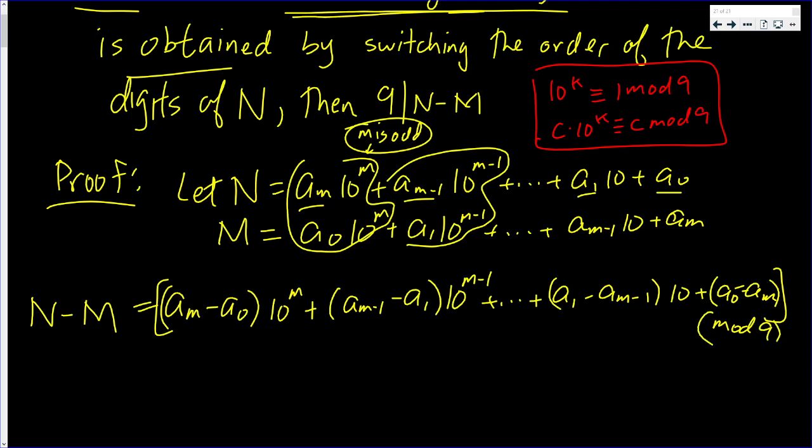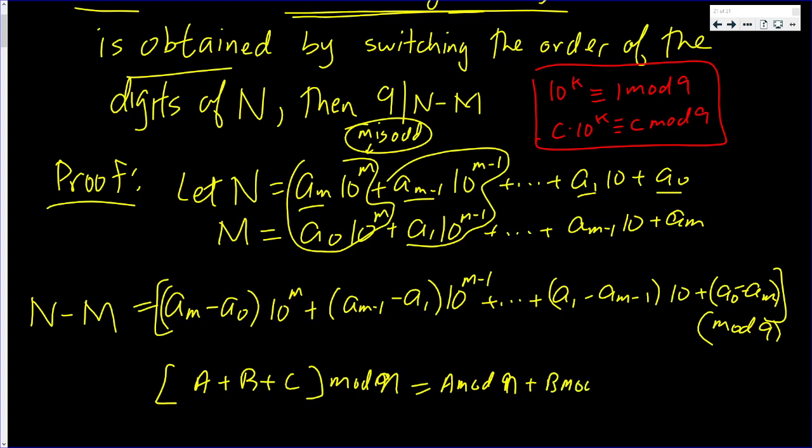Now, when it comes to adding mod 9, if you have a plus b plus c and even more, mod n in general, this is a mod n plus b mod n plus c mod n, not capital N, and so on.